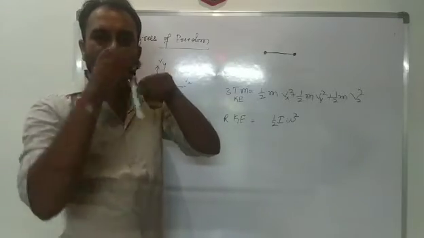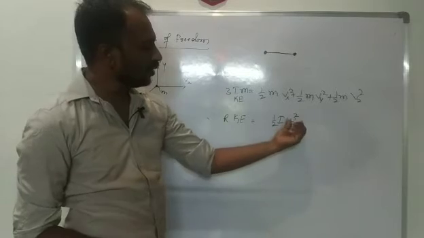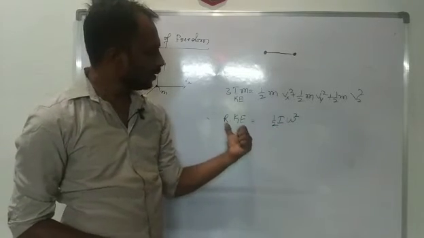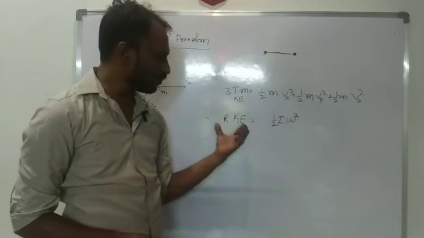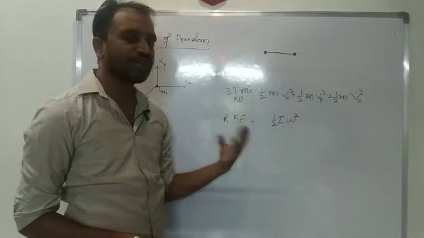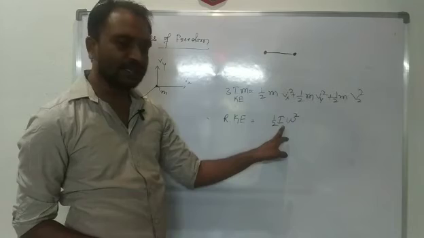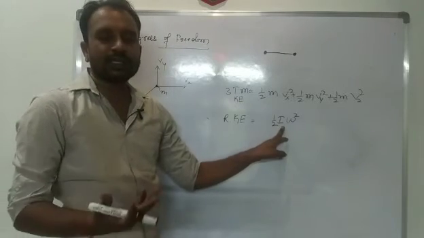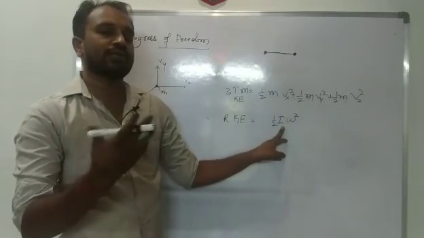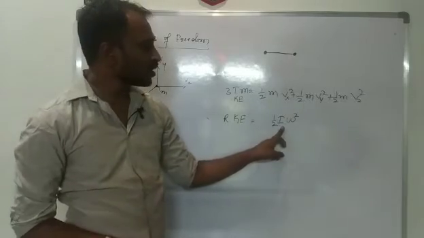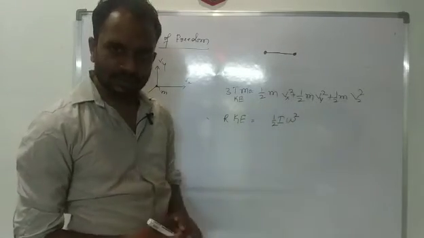So the rotational kinetic energy is half I omega square, where I is the moment of inertia in rotational motion.